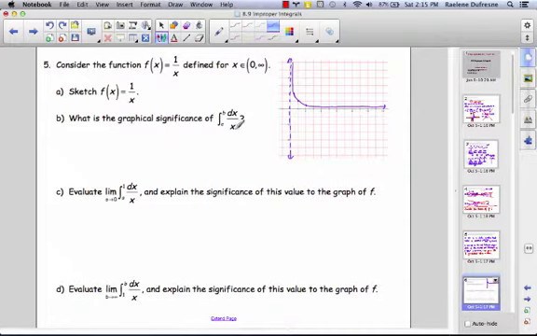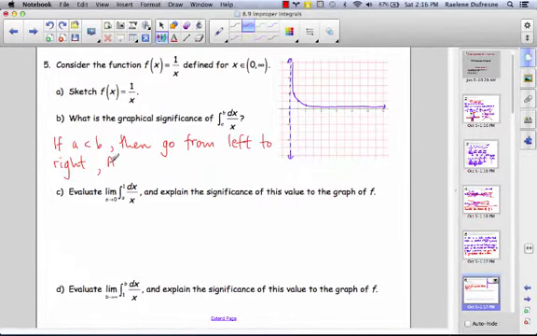And we want to know the graphical significance of the definite integral from a to b of dx over x. Well, if a is less than b, then we are reading the graph or the definite integral from left to right. And furthermore, since 1 over x is positive, let's say that a is more than 0.